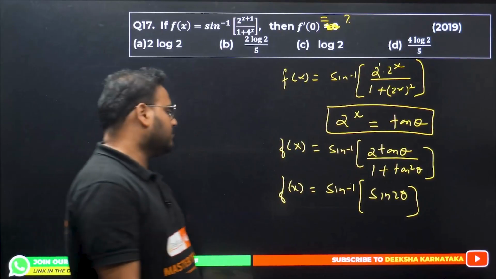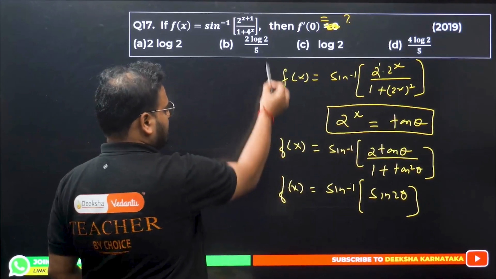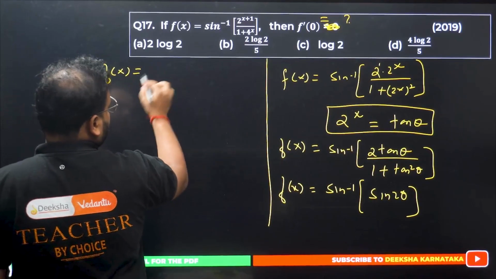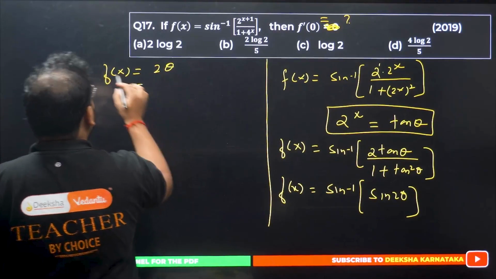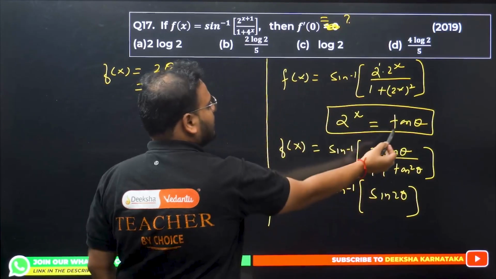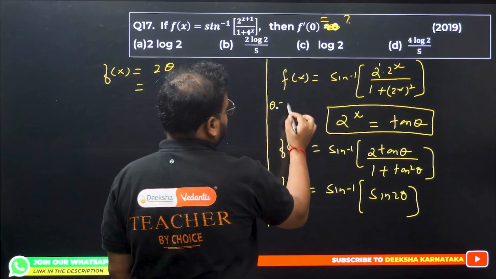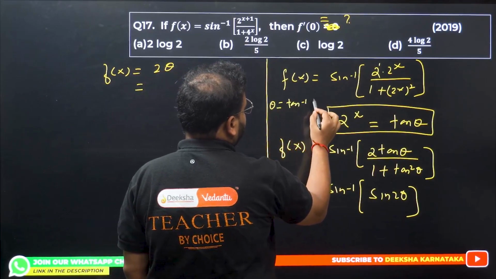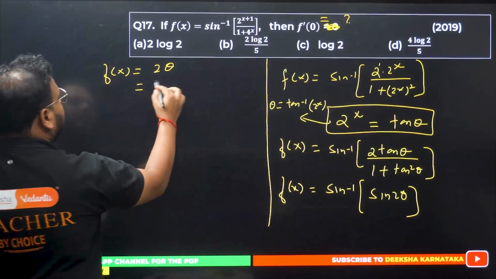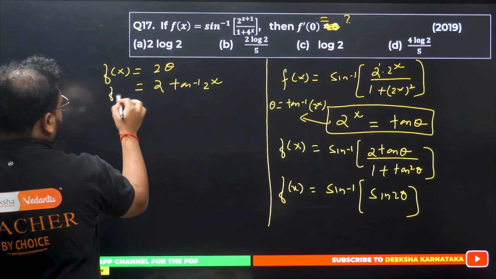The formula of sine 2 theta in terms of tan theta is 2 tan theta upon 1 plus tan square theta. So f(x) equals simply 2 theta. If 2 power x is tan theta, then theta is tan inverse of 2 power x. Write that 2 times tan inverse of 2 power x. This is my f of x.